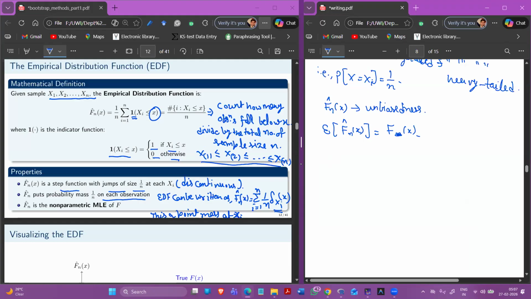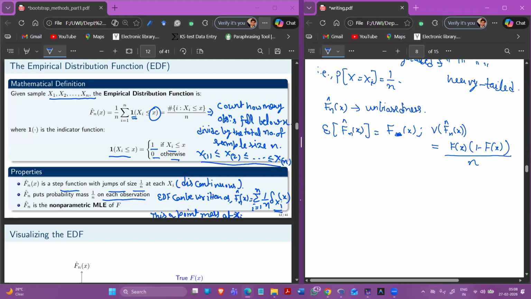And the variance of Fn cap x will be equal to Fx into 1 minus Fx divided by n. This will be the variance of your empirical CDF.